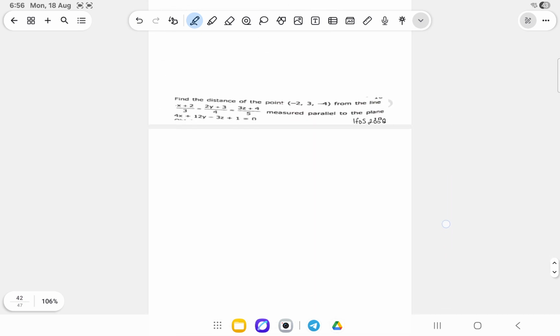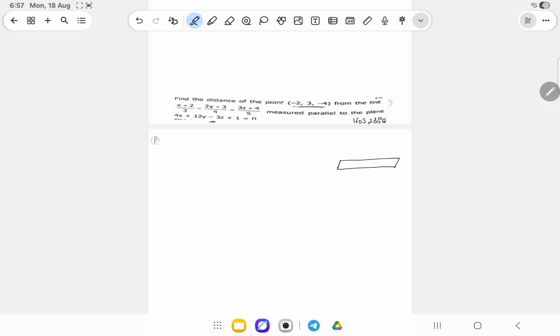The next question asks to find the distance of this point from the line, measured parallel to this plane. Let us see it graphically first and then we'll solve. If this is my given plane, I am supposed to find the distance of this point.